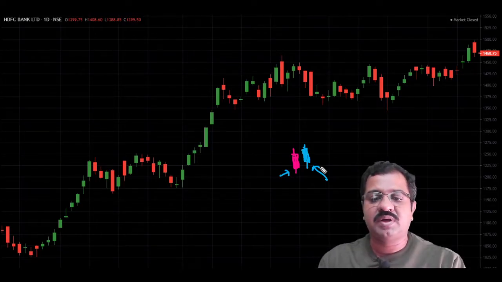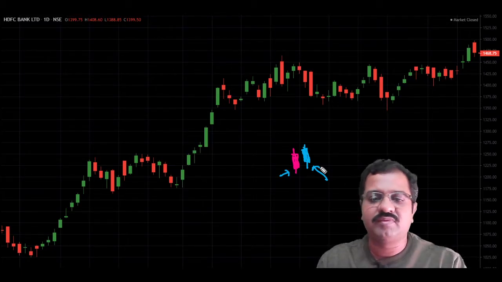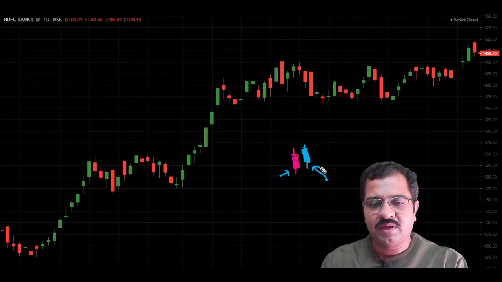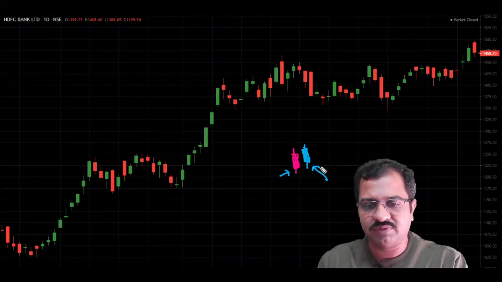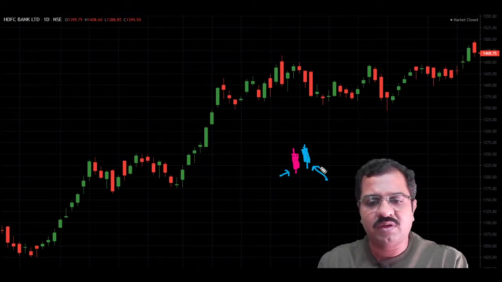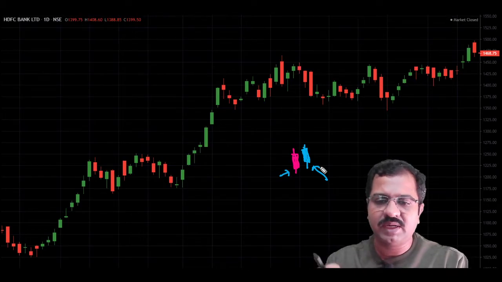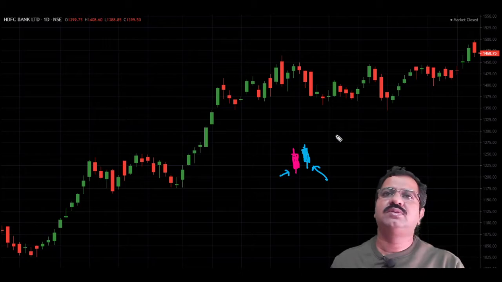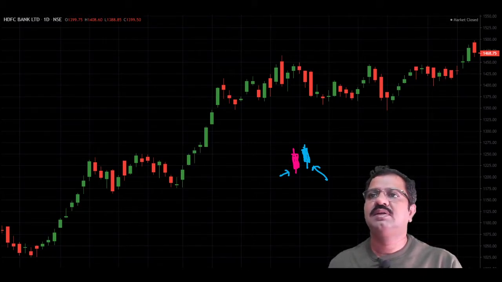This pattern generally you will see at the bottom of the swing, a candlestick swing. The concept of swing we will learn later, but for now just understand that the pattern will form at bottom. Okay, so on this chart we will try to see if there is a bullish engulfing somewhere.